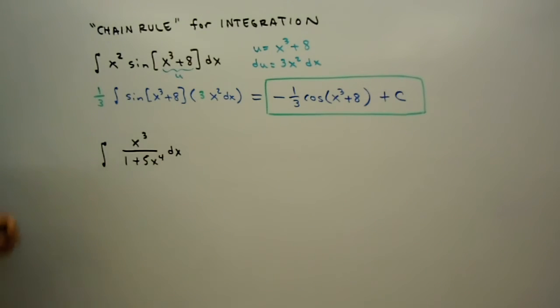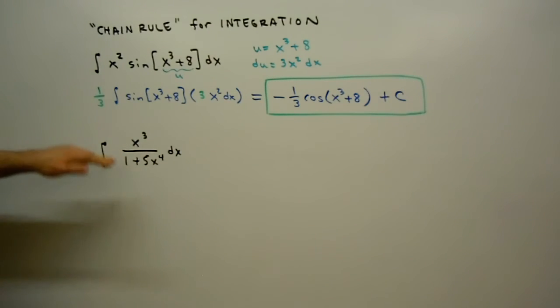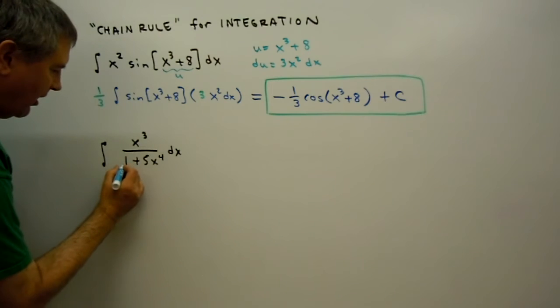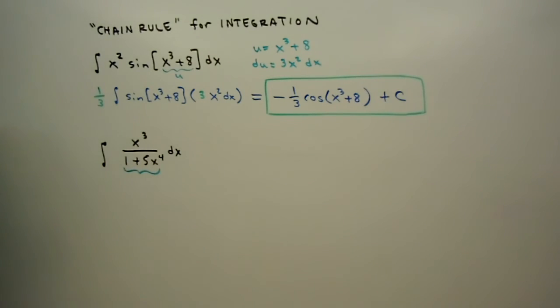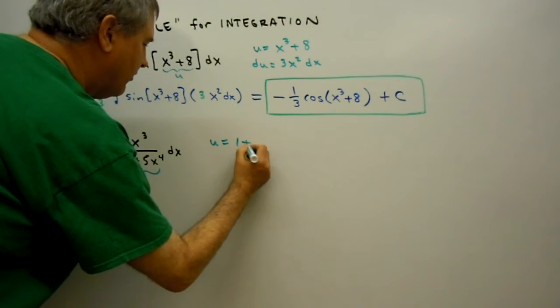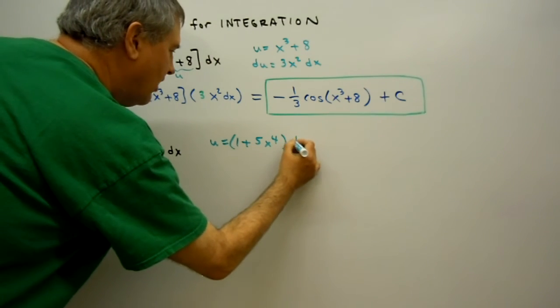Okay, for the second one, what we have here looks like it's going to be a natural log form, where you have a function on the bottom whose derivative is on the top. So again, if we're going to think of the denominator as our u, we think of u being equal to 1 plus 5x to the fourth, technically.